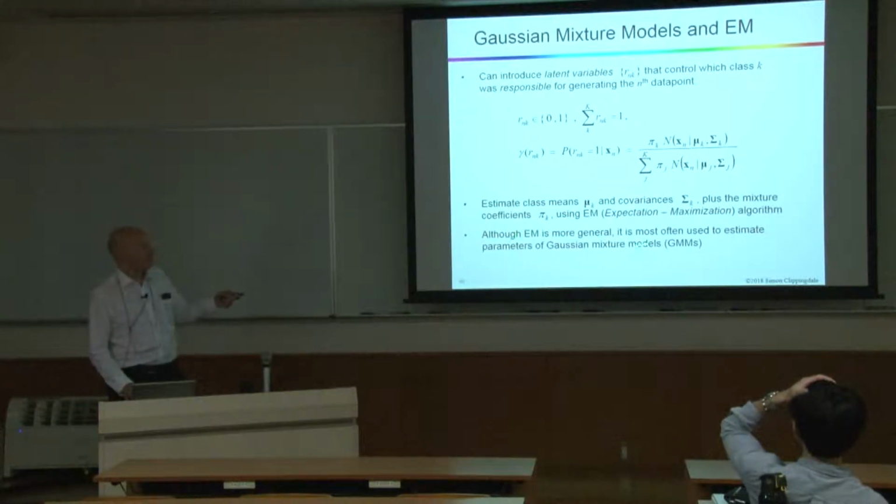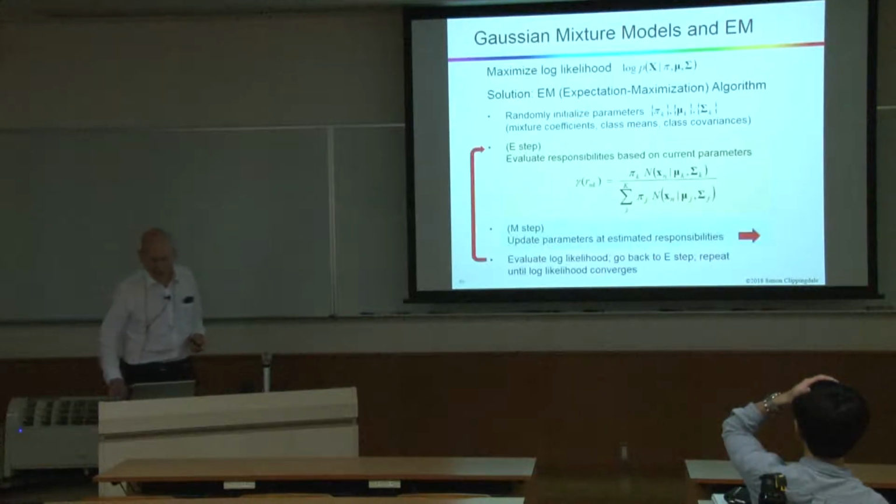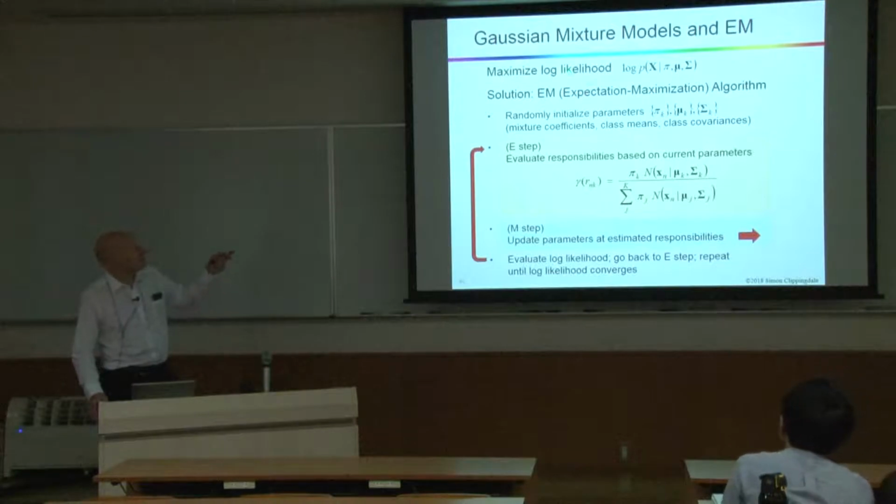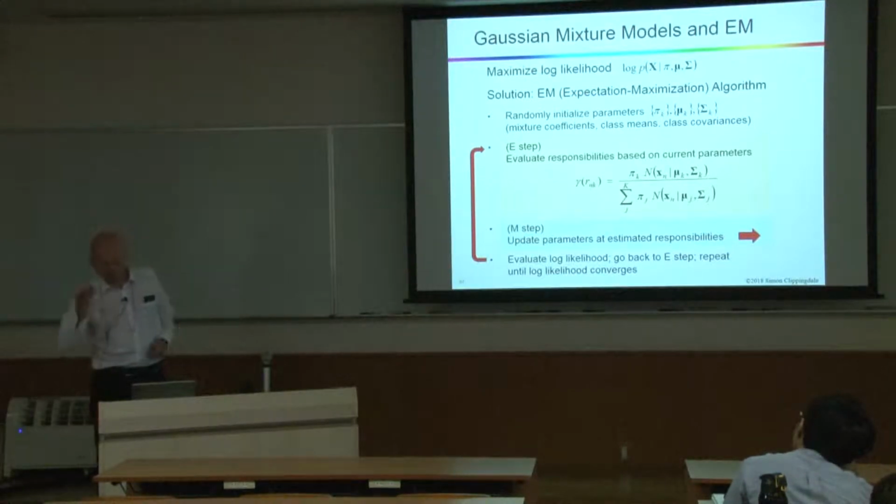EM is more general than this, but it's usually used to estimate parameters of Gaussian mixture models. And it looks like this. What we're trying to maximize now, we had an error minimization with the k-means classifier. Now we're trying to maximize something, it's equivalent, but we're trying to maximize the log of likelihood.